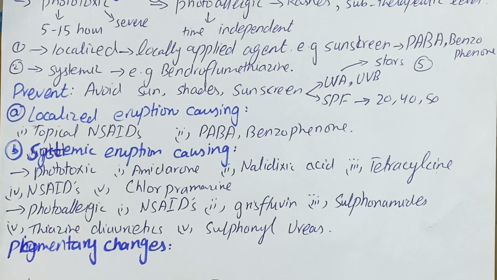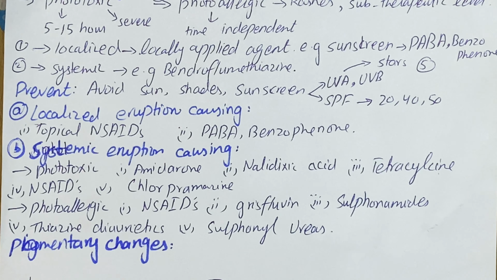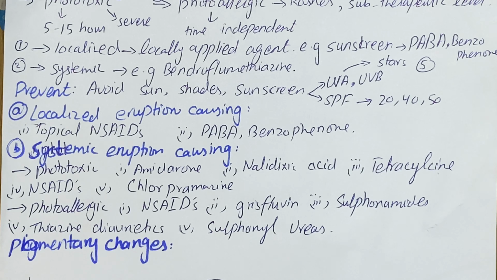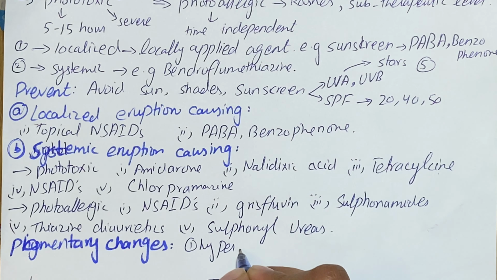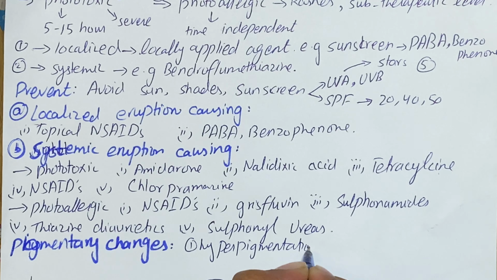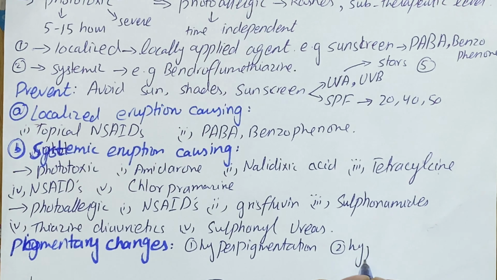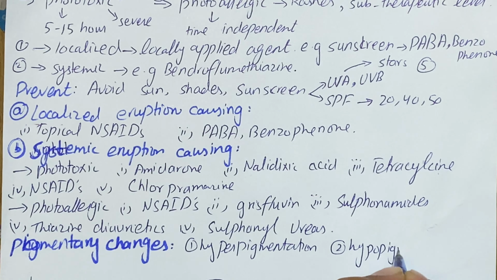So pigmentary changes is one of the minor changes next to abnormal photosensitivity reactions that we are going to discuss over here. So hyperpigmentation, hypopigmentation and skin discoloration can happen in these kind of pigmentary changes. So why actually these kind of changes occur?